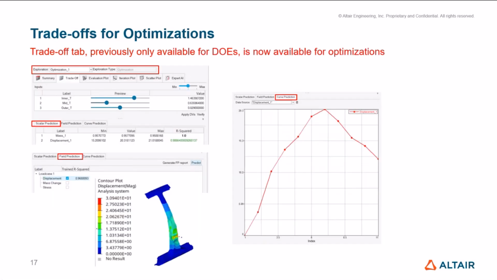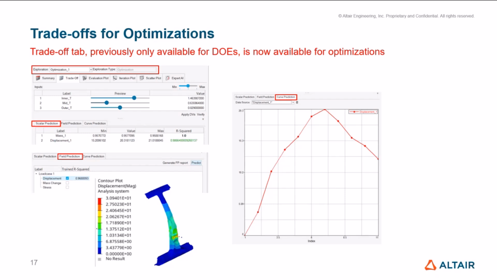Okay, next is trade-offs. So we've had, again, for some time now, these various predictive features: scalar prediction, field prediction, and curve predictions, as depicted on the slide here. Previously, those have been available only when you've run a design of experiments, or a DOE.